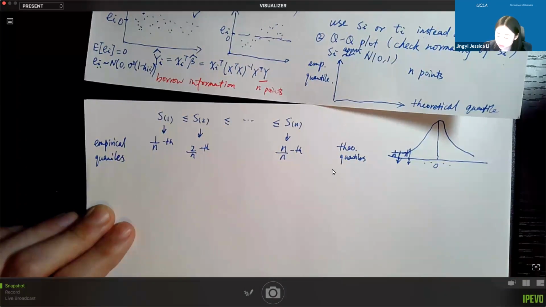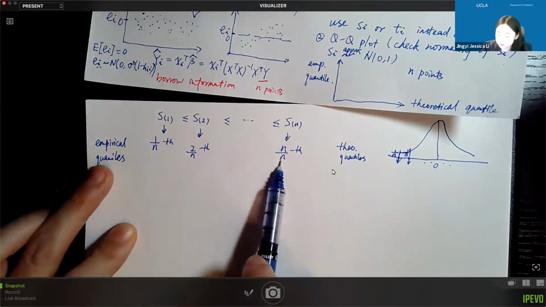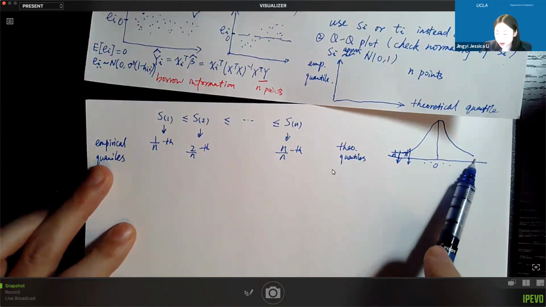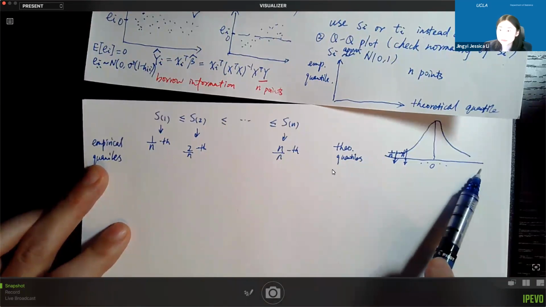But one thing we need to account for is that if you stick with Sn being the n over n, or 100% empirical quantile, then you have an issue finding a theoretical quantile. Because with probability 100%, or 1, the theoretical quantile for standard normal will be positive infinity.